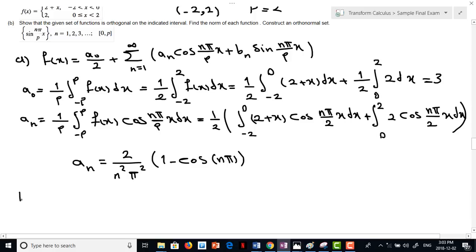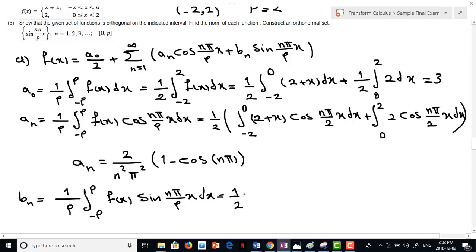Now we have to find bn. So bn is equal to 1 over p, the integral from minus p to p, f(x) sine n pi over p x. It's 1/2 integral, sorry, I have to split the integral.